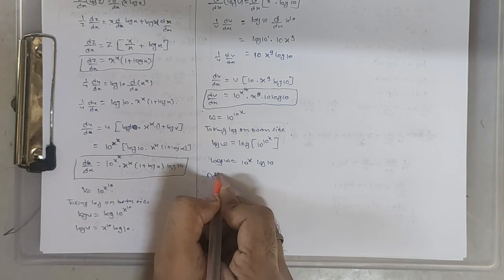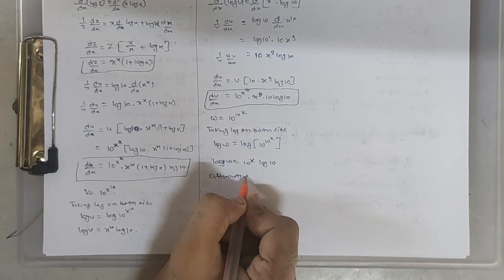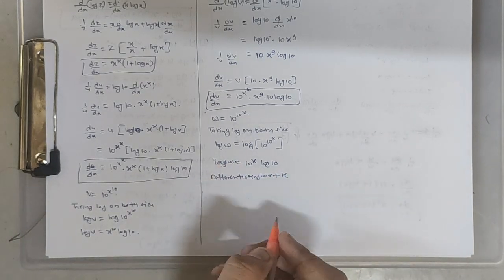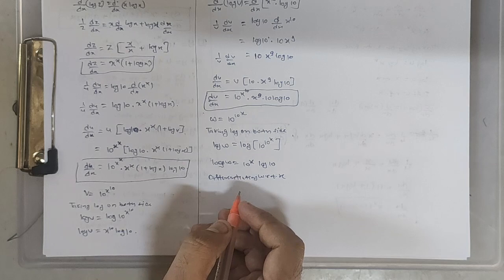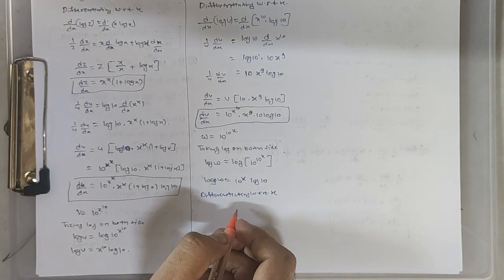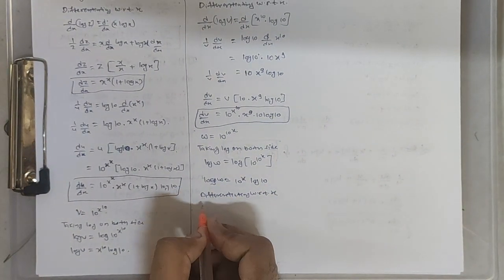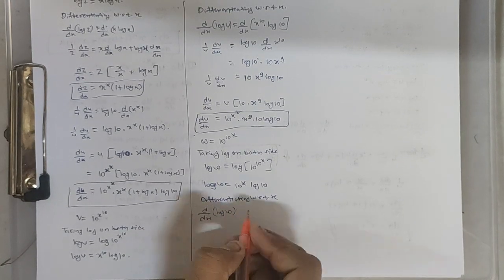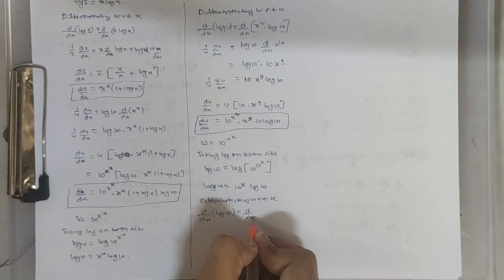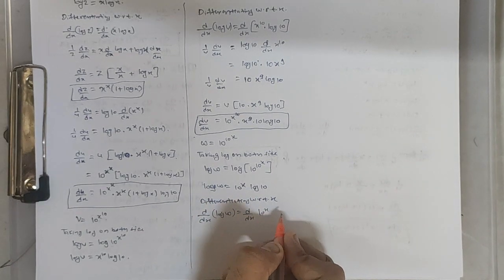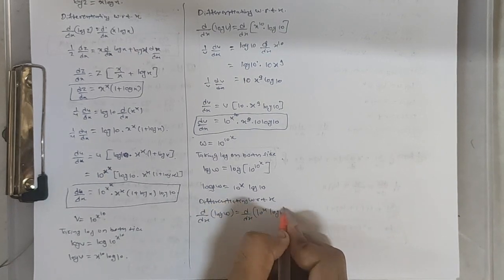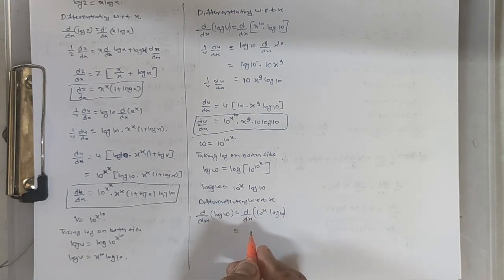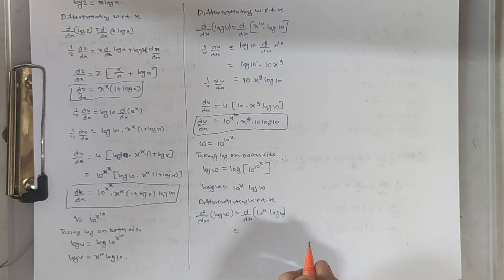Now differentiating with respect to x, differentiation of log w is equal to differentiation of 10 raised to x log 10. Now log 10 is a constant, we will take it outside and differentiate only 10 raised to x. We will use the formula for the differentiation of a raised to x.